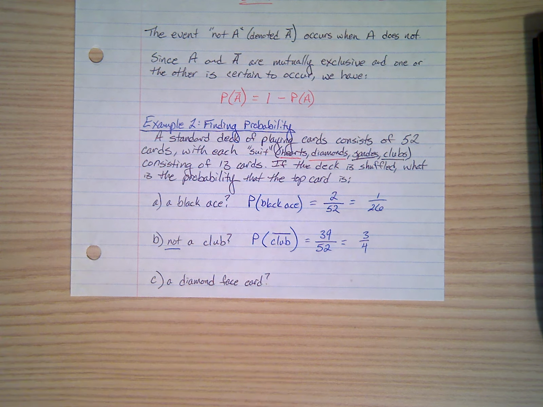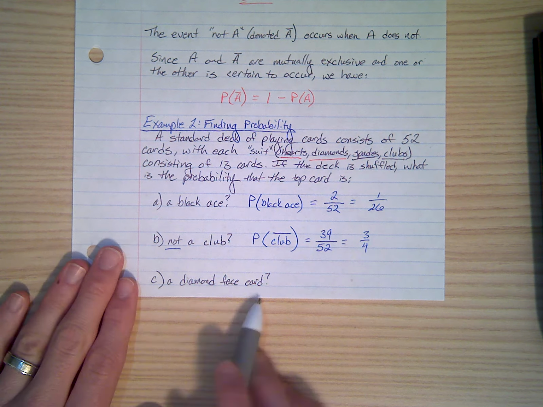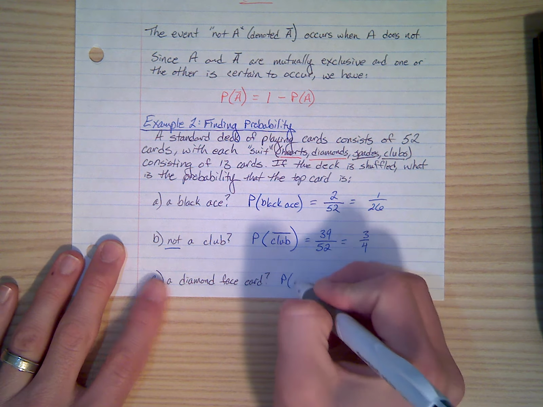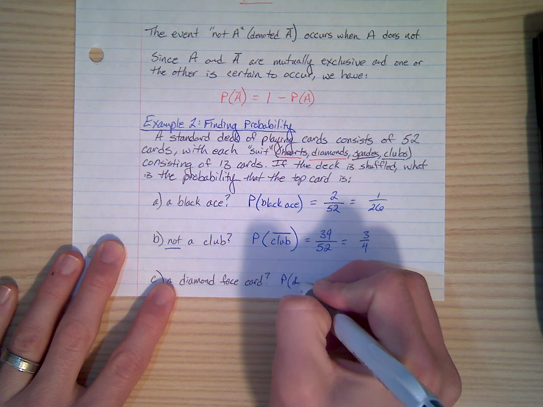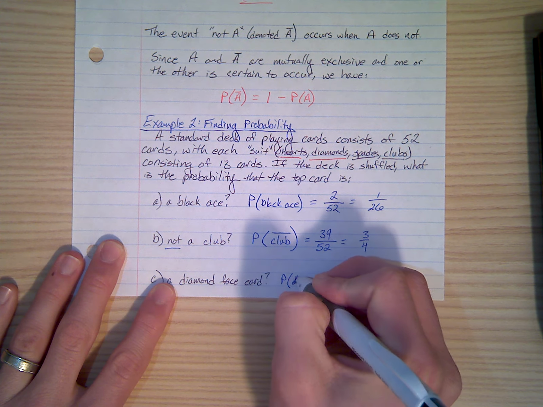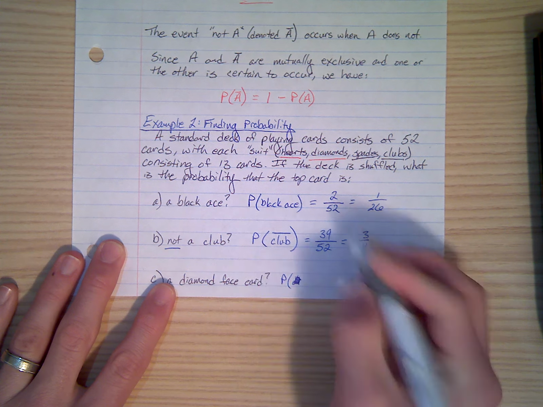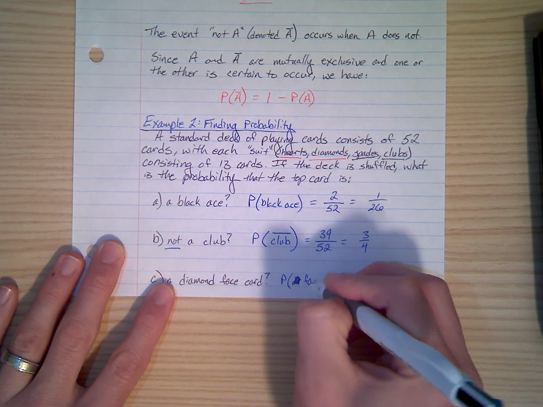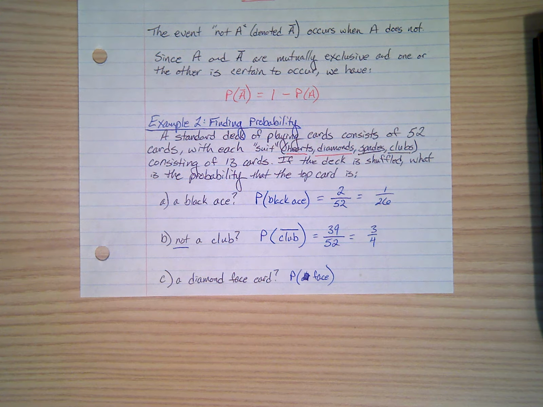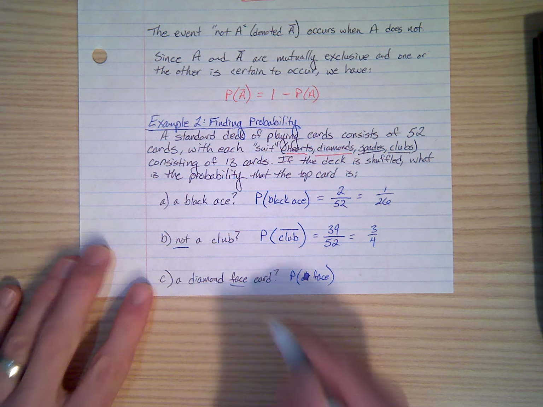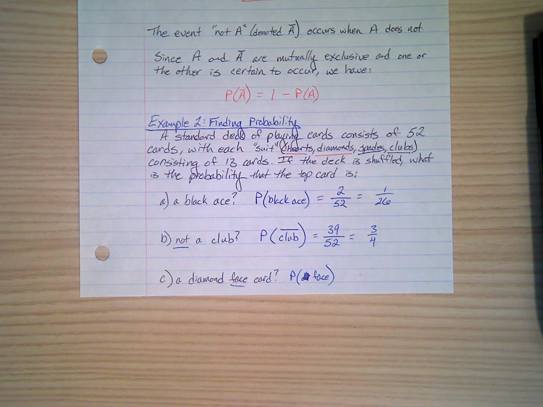And finally, a diamond face card. Pretend that's a diamond. So a diamond face card. Well, by definition a face card is any card that has a face on it.